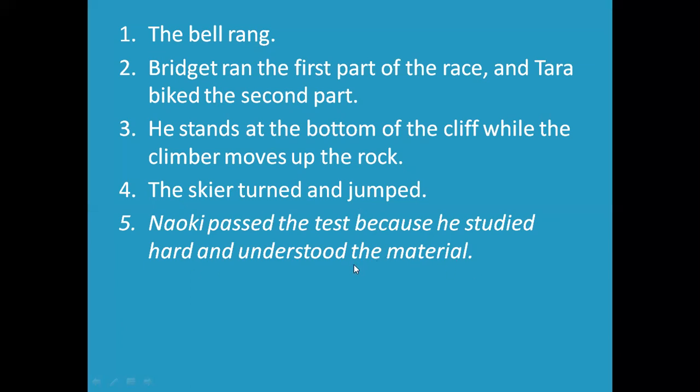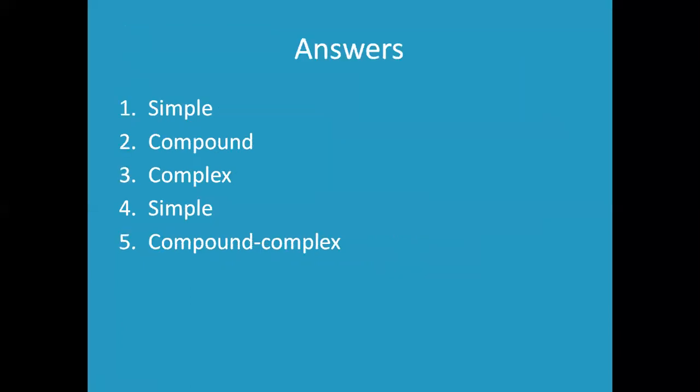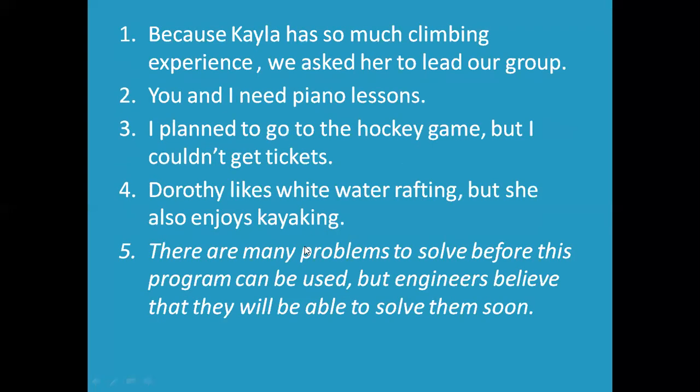The last one, you see here is one subordinating conjunction and here is a coordinating conjunction. That is a compound complex sentence. Here you can see the answers: the first one simple, the second compound, the third complex, the fourth simple, and the last one compound complex.